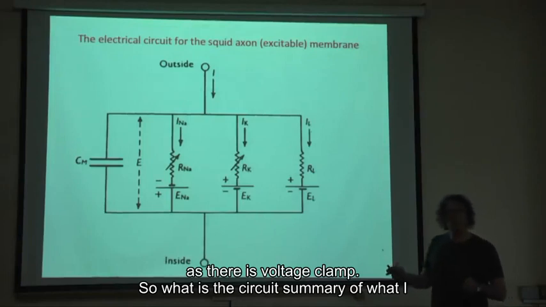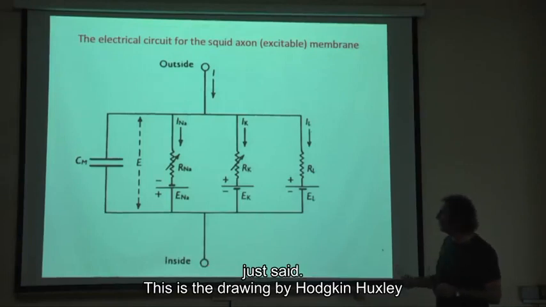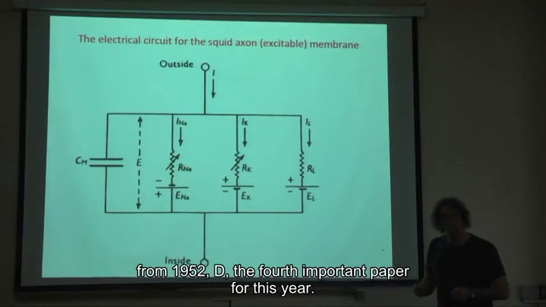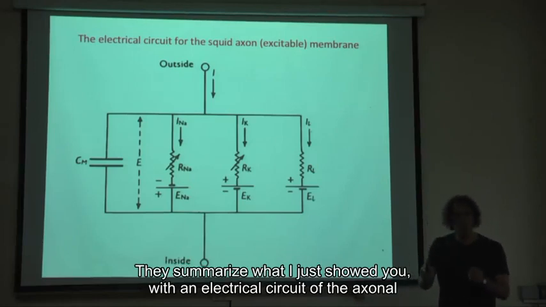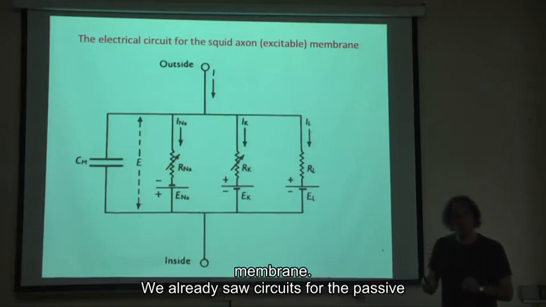So what is the circuit summary of what I just said? This is the drawing by Hodgkin-Huxley from 1952, the fourth important paper from this year. They summarize what I just showed you with an electrical circuit of the axonal membrane.